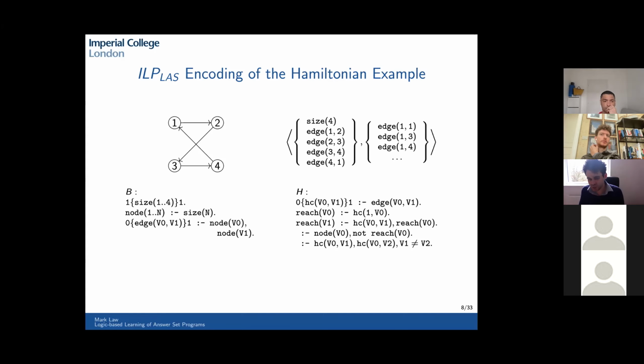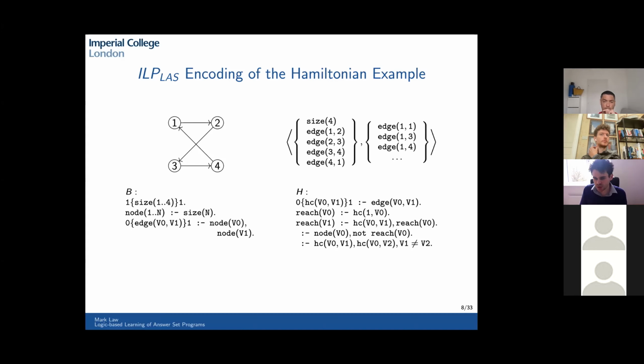And then once we've guessed at this set of edges, we try to prove that this set of edges corresponds to a Hamilton cycle. So we have a recursive notion of what it means to be reachable from the first node in the graph by the second and third rule in the hypothesis.